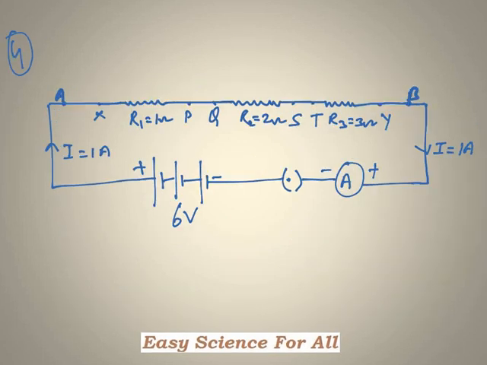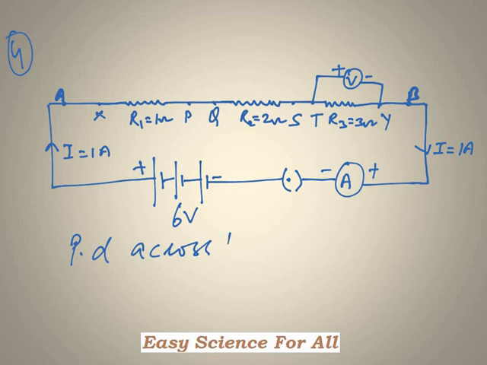Again repeat the third step and insert the voltmeter now between points T and Y in the following manner. You will see that in this case the voltmeter will give a potential difference across points TY as 3 volt.